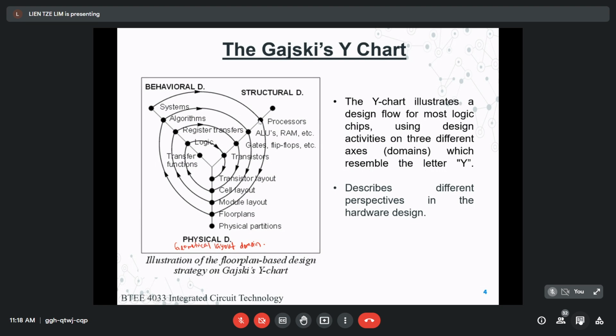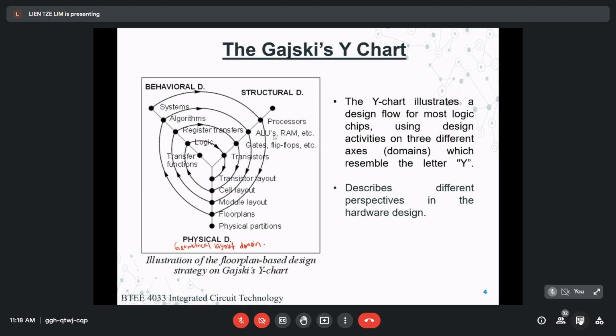Then it goes to the floor plan in the physical domain. The floor plan consists of all the algorithms that are operated by the arithmetic logic units and the RAM. So it goes to the algorithms level, and this algorithm level goes to ALU and RAM.